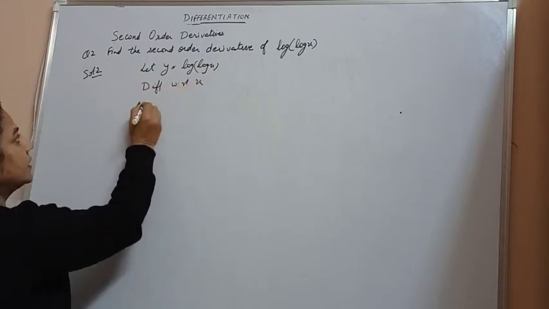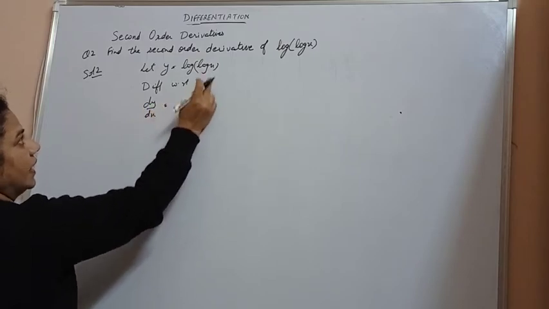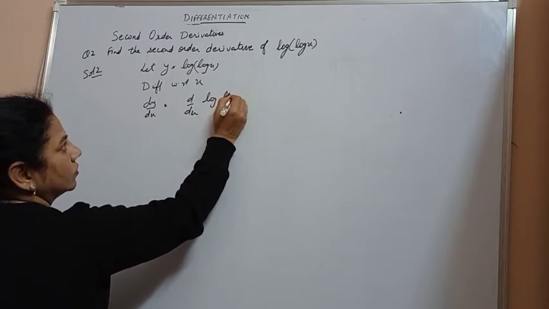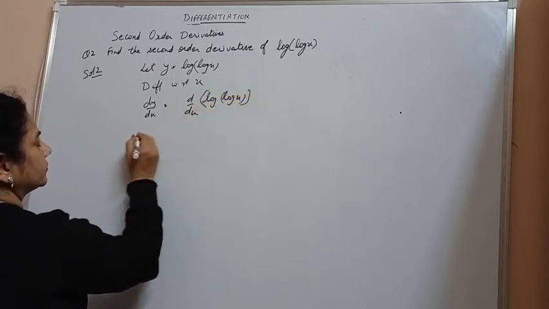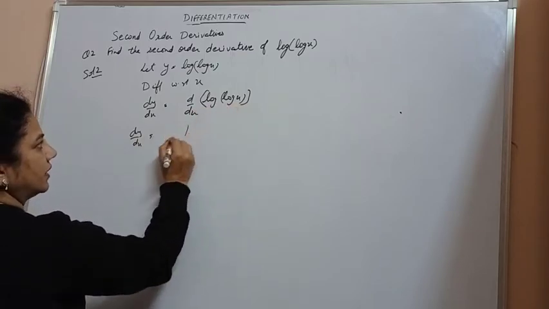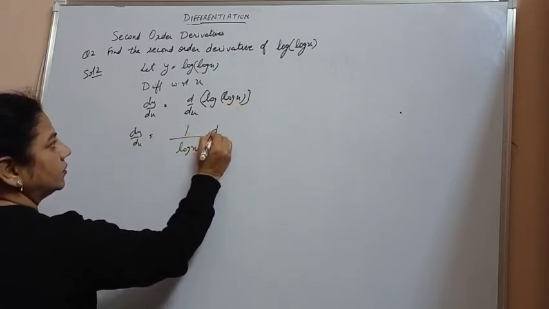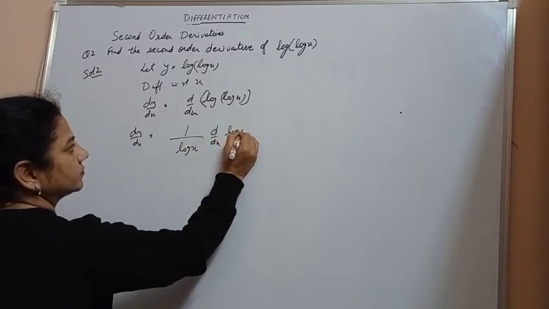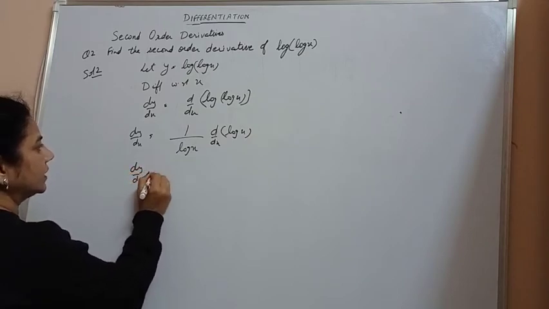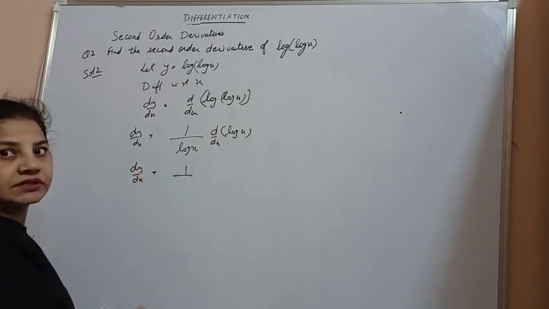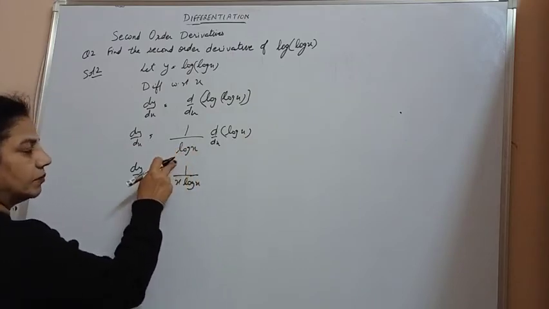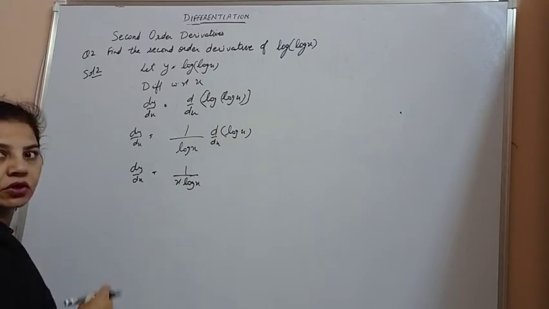I get dy by dx is equal to the derivative of log of something, which is 1 upon log x into the derivative of log x. Chain rule. So we have dy by dx is equal to 1 upon log x into 1 by x, so it becomes 1 upon x log x.